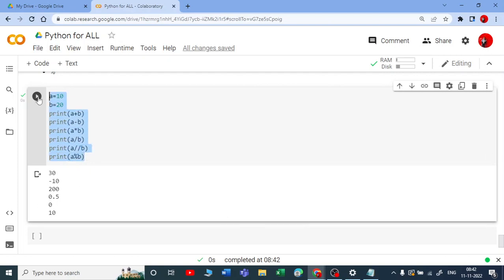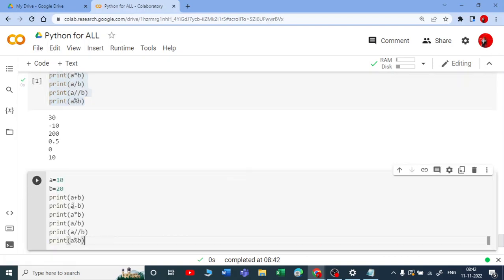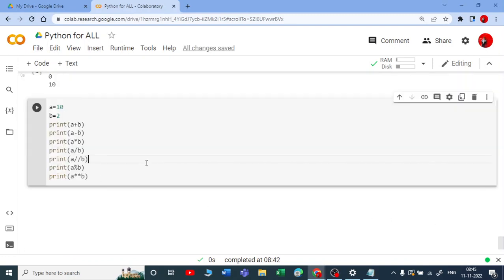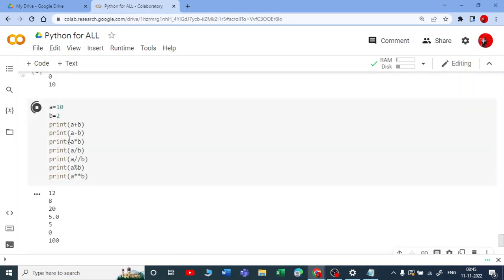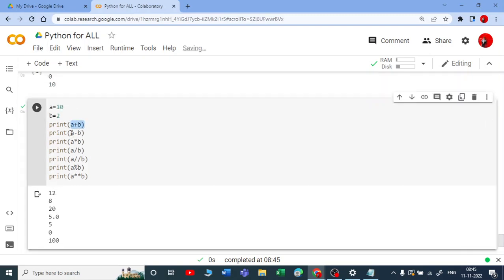So let me copy all this and paste it here. Instead of 20, let me take 2. Now just guess what would be the output. Let's execute this now. And you can see the values now. This will give you 12, this will give you 8, this will give you 10 twos are 20.